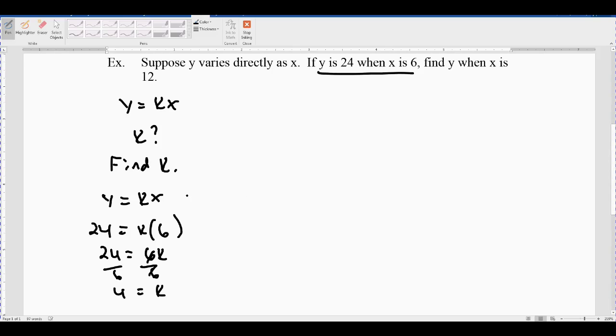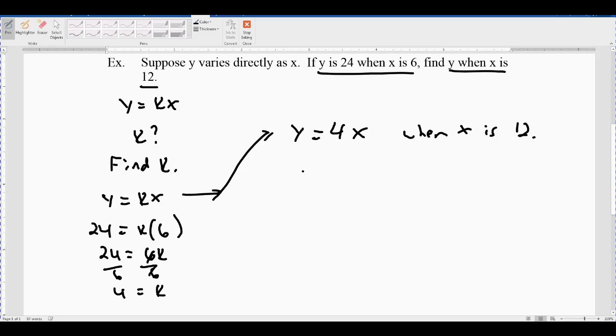So what that means is this equation, I'm going to write it up here, is now more specific because we now know that k is 4. So y equals 4x is our real direct variation equation that we're going to use to help us find this. We're going to find y when x is 12 now because we have our k.